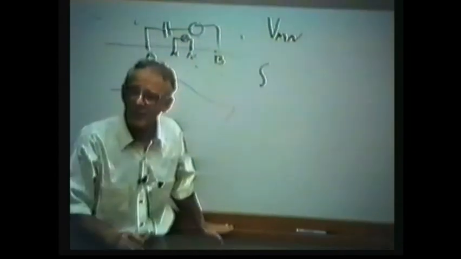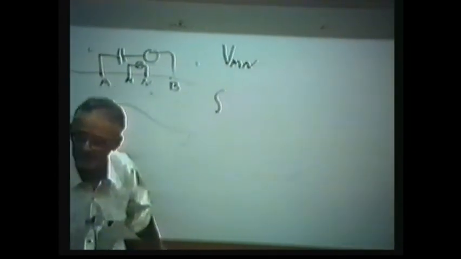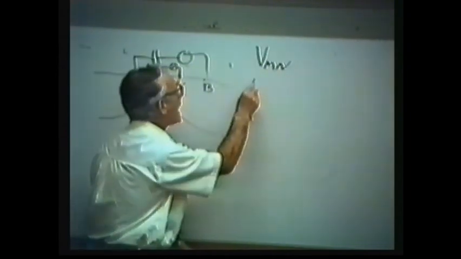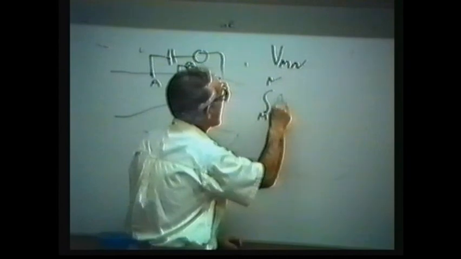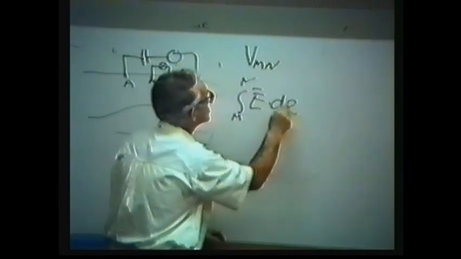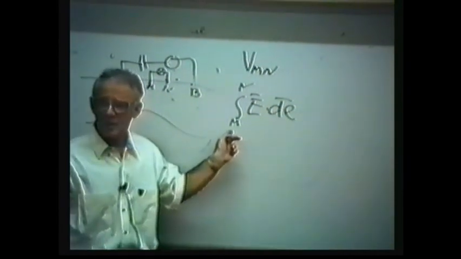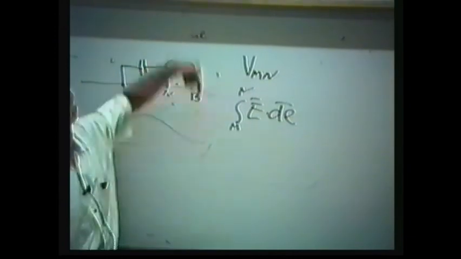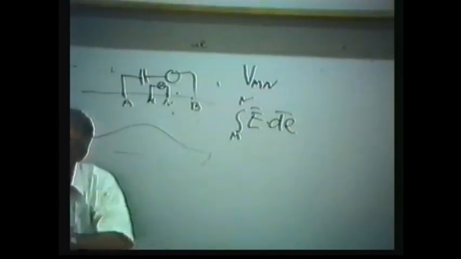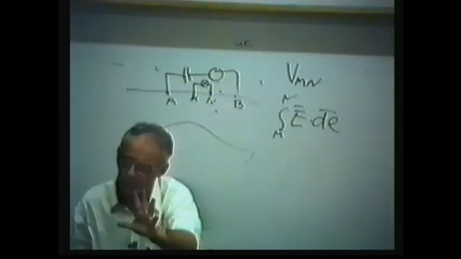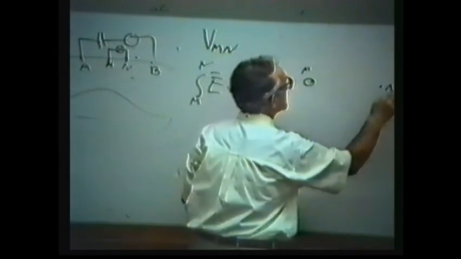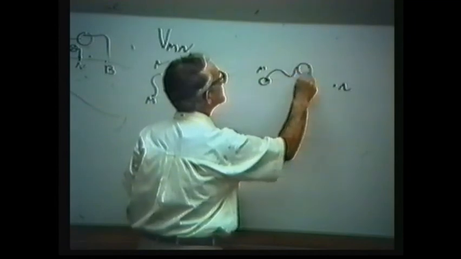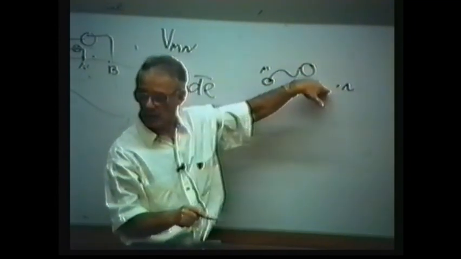Voltage is a very clever quantity. It is the integral from point M to N of the electrical field times distance. Look from the top, from heaven. So M, N, and there is a wire which lies on the ground.